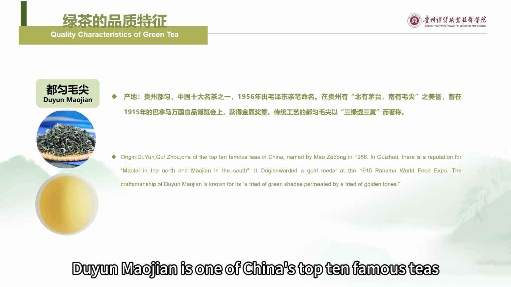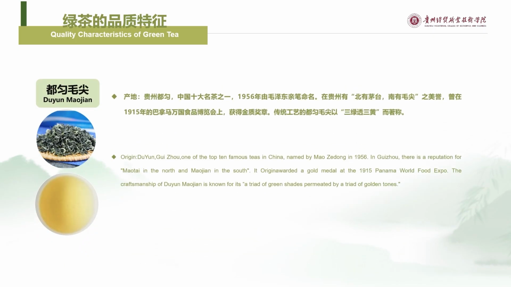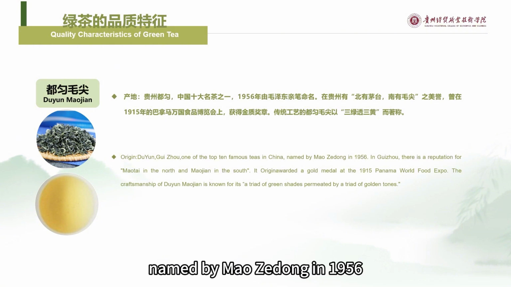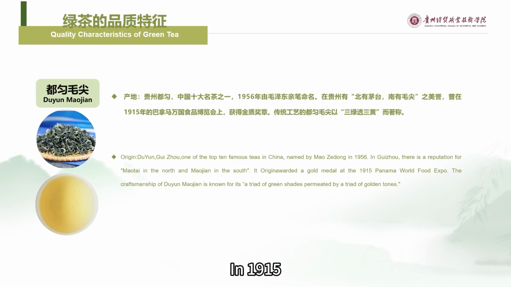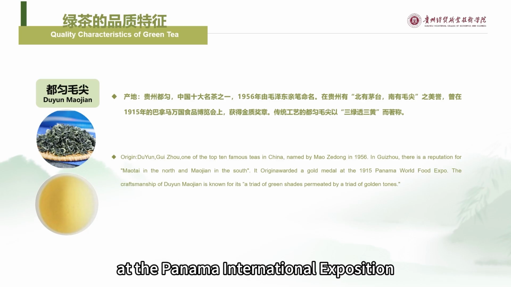Duyun Maojian is one of China's top 10 famous teas, named by Mao Zedong in 1956. It is highly regarded in Guizhou, with the saying, "In the north, there is Meitan; in the south, there is Maojian." In 1915, it won a gold medal at the Panama International Exposition.